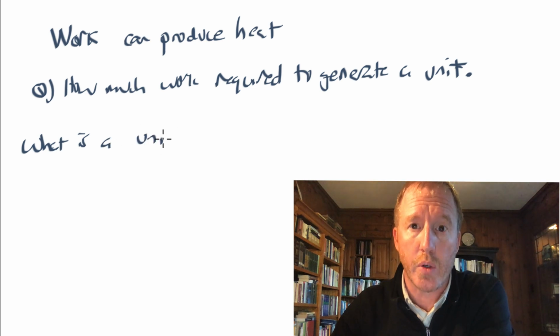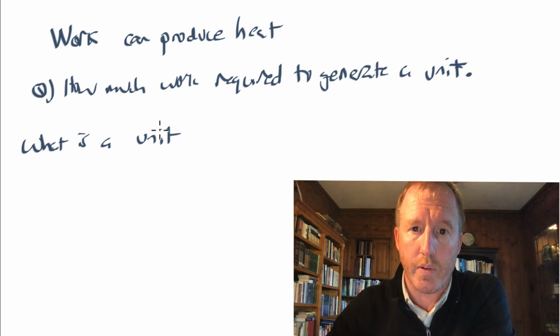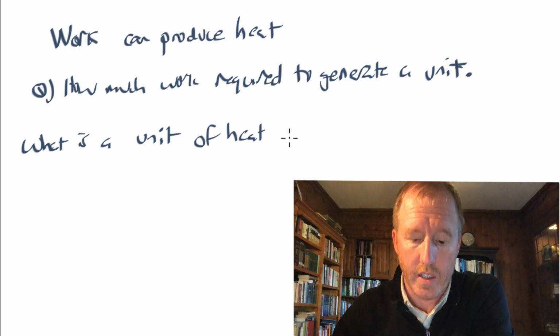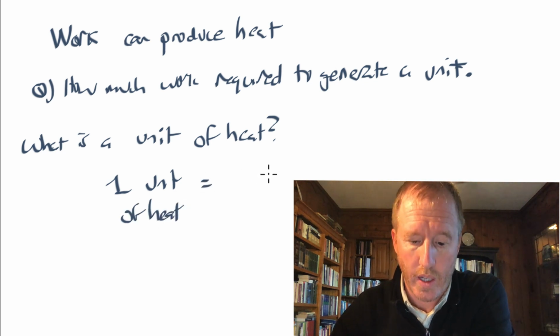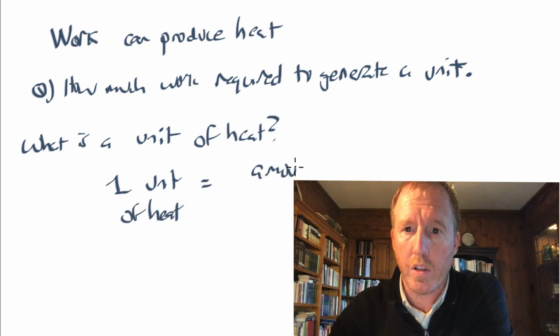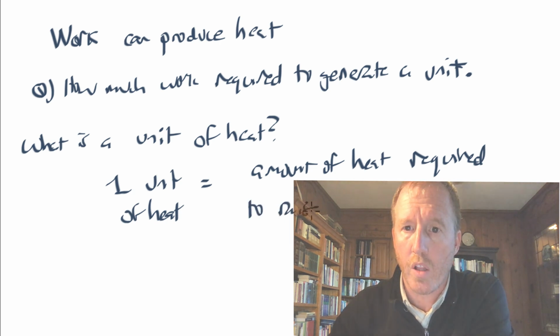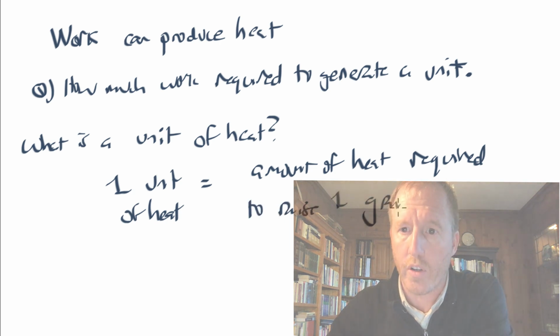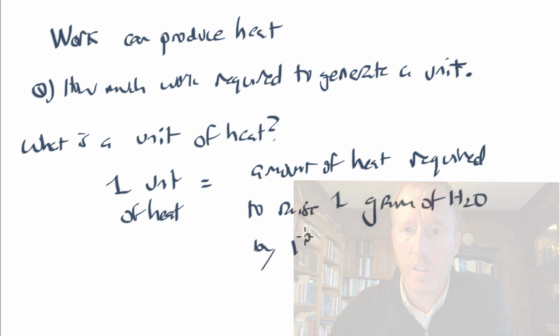There are many different units of heat that could be used, but the one that we are going to adopt, or rather that Helmholtz adopts, is the following. 1 unit of heat is equal to the amount of heat required to raise 1 gram of water by 1 degree Celsius.